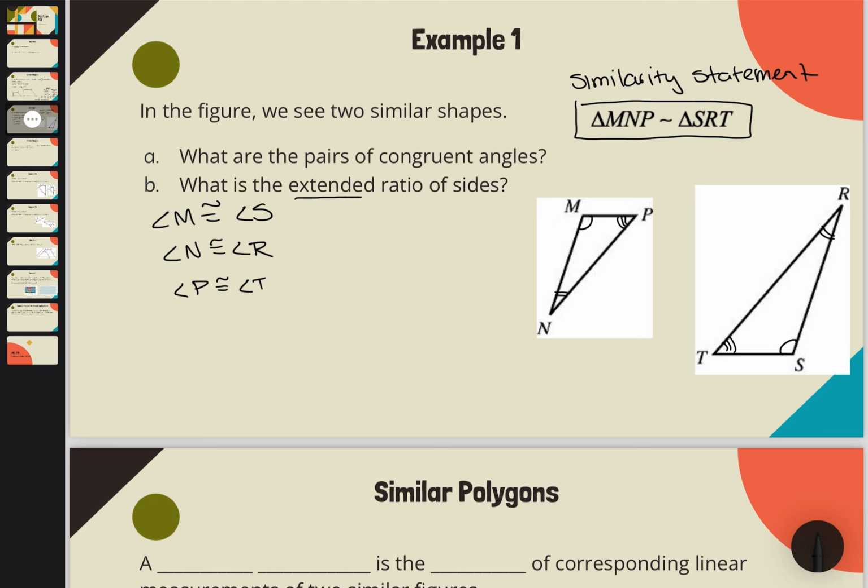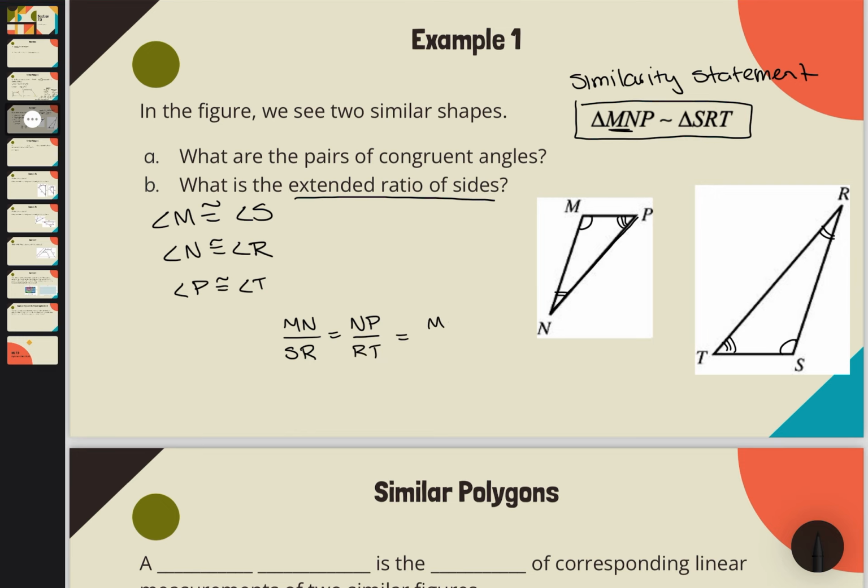What is the extended ratio of sides? So I'm going to start with my first two letters over here, MN. What should that be over based on that previous slide? Hopefully you are saying MN should be over SR. The ratio of those two sides is going to be equal to the ratio of side NP, our longest side over here, with the longest side of the other triangle, RT.